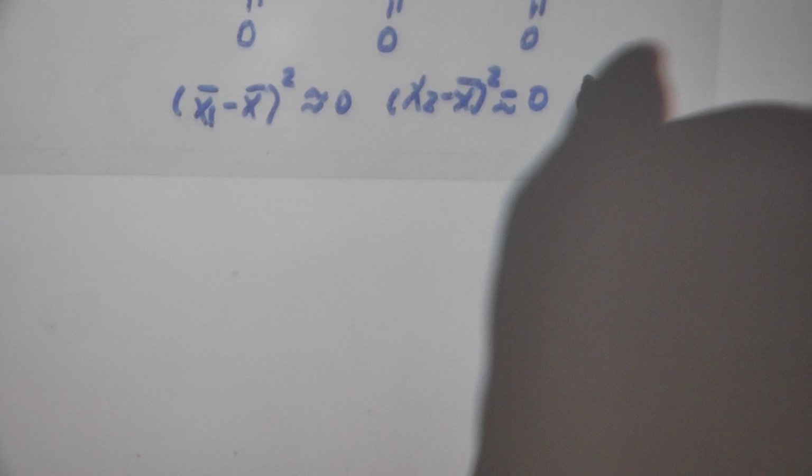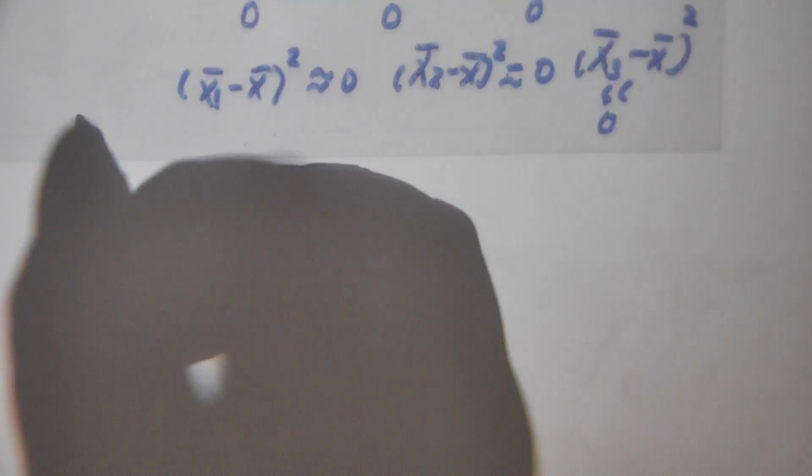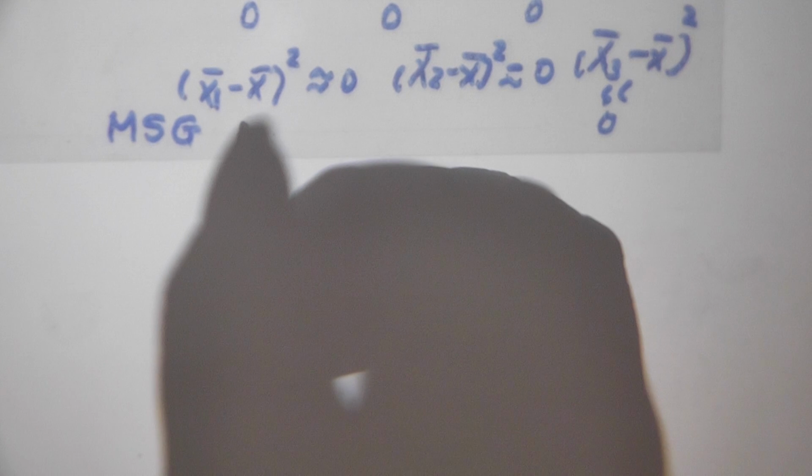And X3 bar minus X bar squared should also be very close to 0. Therefore, combined with this intuition, you can imagine that MSG, the mean square for groups, should be small. If you add a bunch of small numbers, MSG should be small.